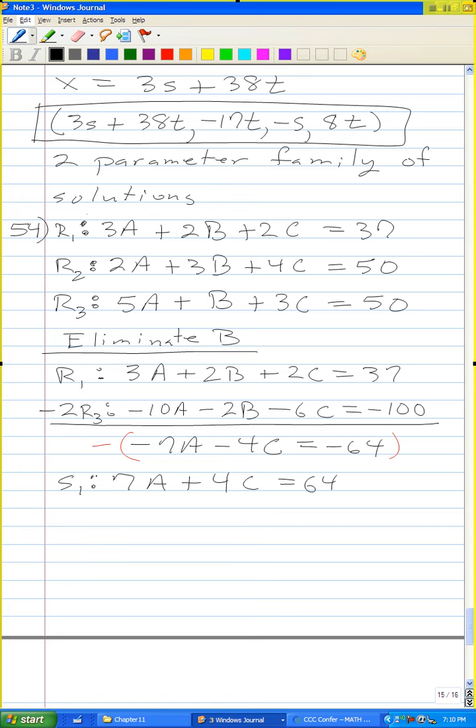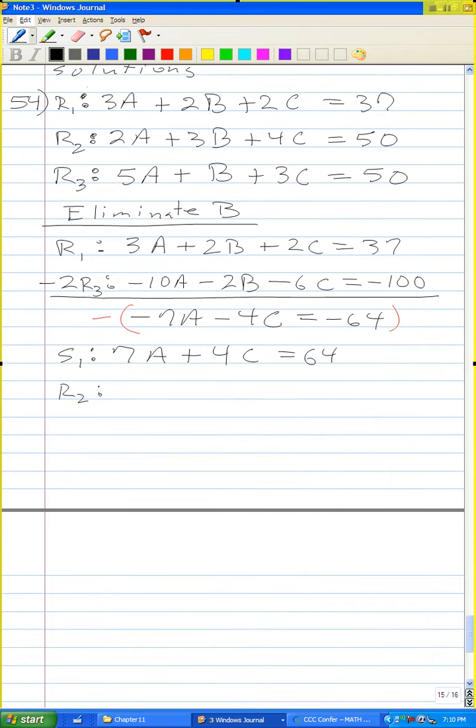Okay. Now I'm eliminating B. So let's do R2: 2A plus 3B plus 4C equals 50. And then let's do minus 3R3: minus 15A, minus 3B, minus 9C, minus 150.